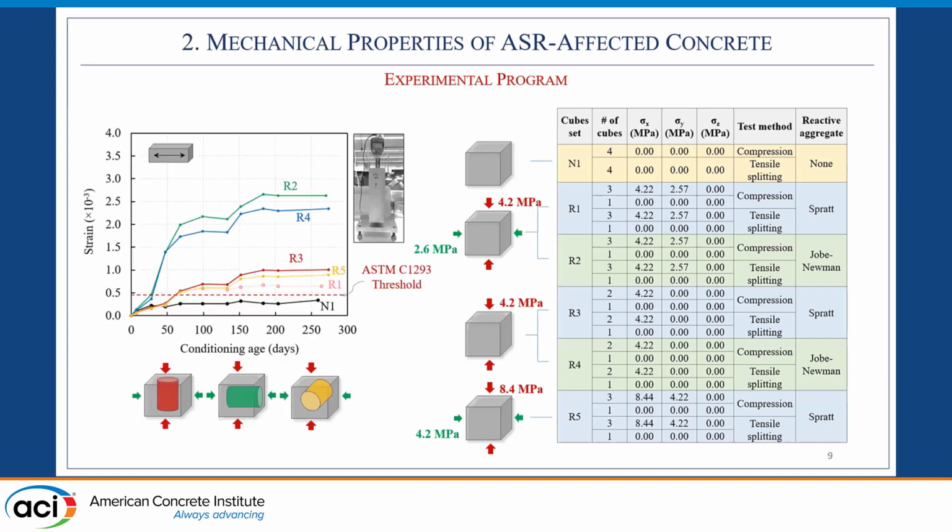So here are the results of those expansion measurements. We can see R2 and R4, those were the Job-Newman casts. We can see that they were much more reactive compared to the Spratt ones. At the end of the conditioning period, the cubes were unloaded and we extracted cores 3-inch in diameter along different directions, which we tested in compression and in tensile splitting.